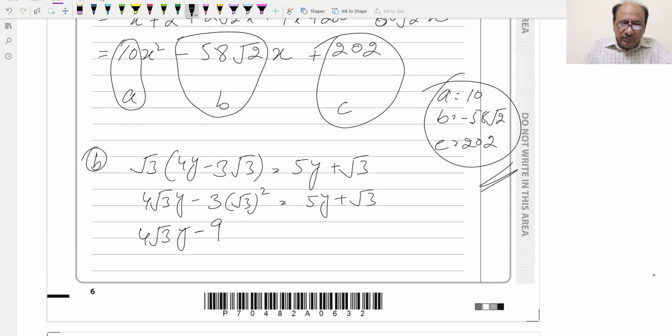And this will be equal to 5y plus root 3. Now we can shift everything to the other side: 5y minus 4 root 3 y and plus 9 plus root 3 equal to 0.